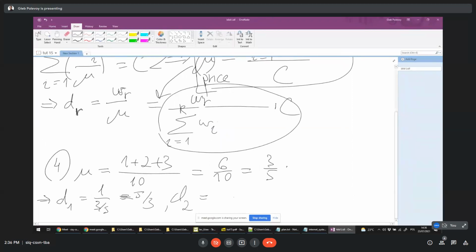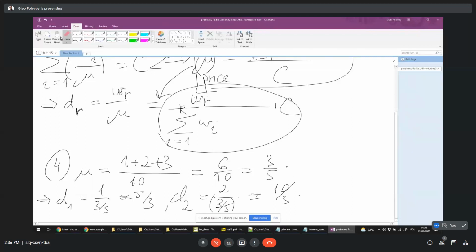Player 2 gets what she gives divided by the price, which is 2 divided by 3 over 5. So that's going to be 10 over 3. And player 3 gets what she gives divided by the price.